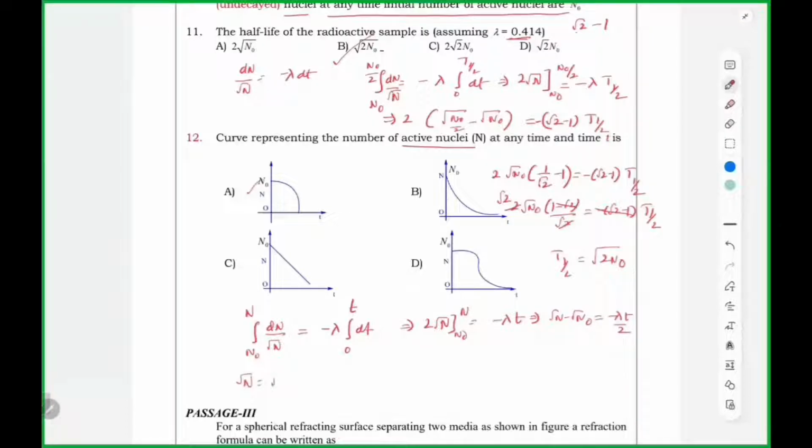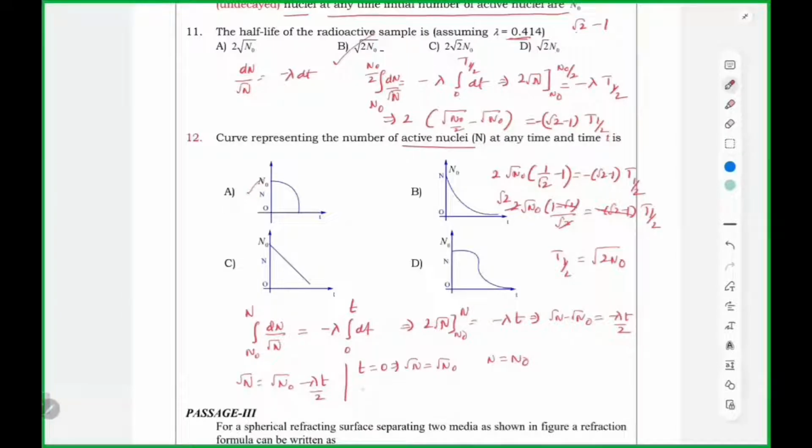Root N is root N naught minus lambda t by 2. Then at time 0, root N is root N naught. The number of nuclei will not be the same everywhere in the graph.